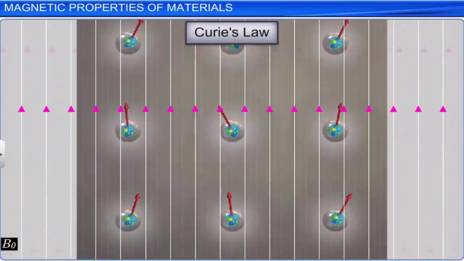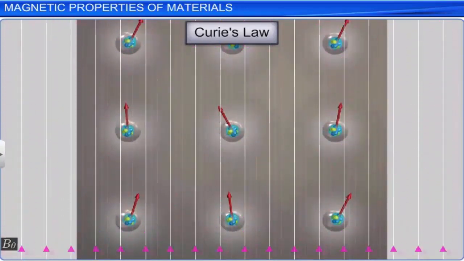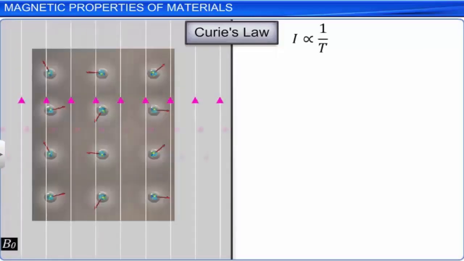That is, I is inversely proportional to T. Let this be equation 1. The magnetization is directly proportional to the applied magnetic induction. That is, I is directly proportional to B0. Let this be equation 2.